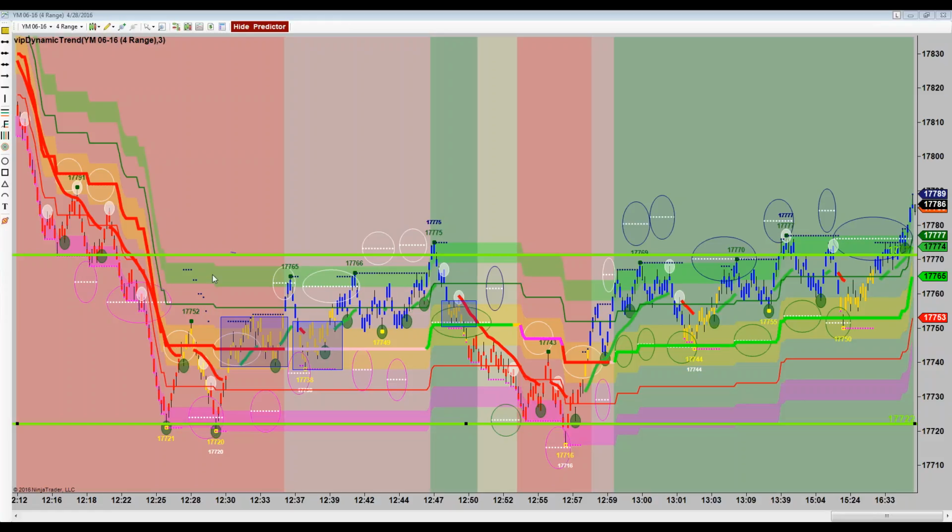Some other examples of good boxes here would be right here and right here. These look very similar to the ones we looked at on NASDAQ a couple minutes ago. Right in here's another good box. Now, you could make the case that we were starting to get higher lows and higher highs.